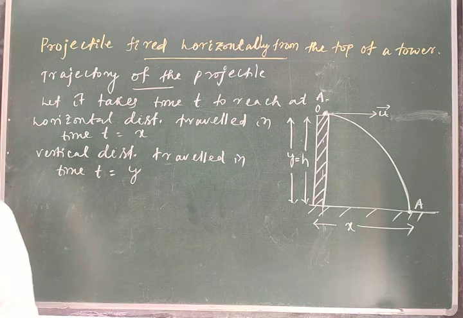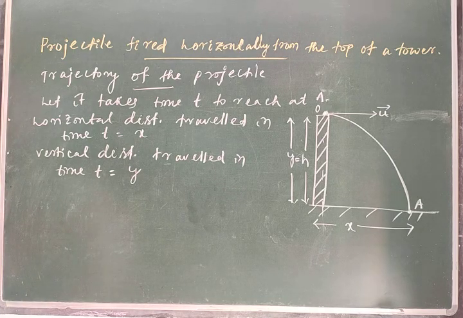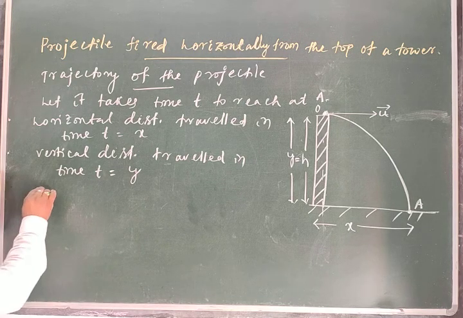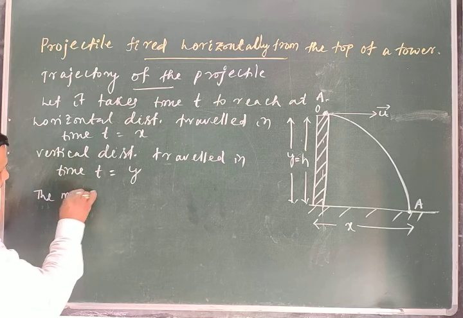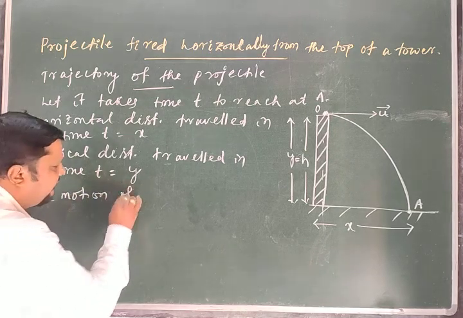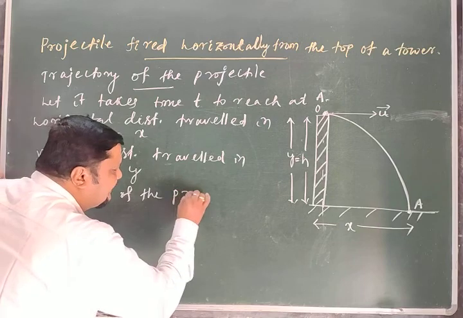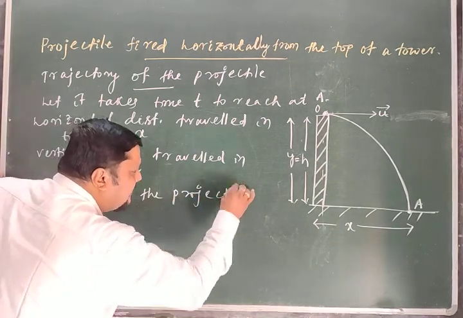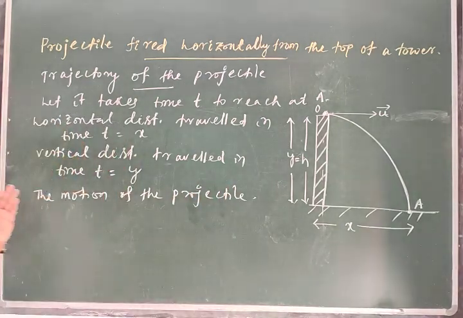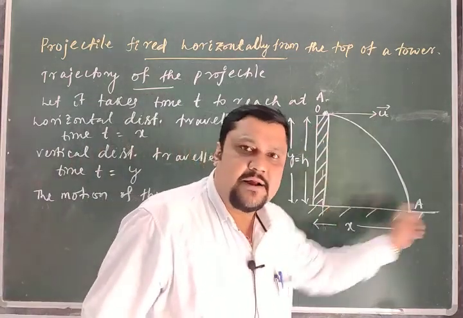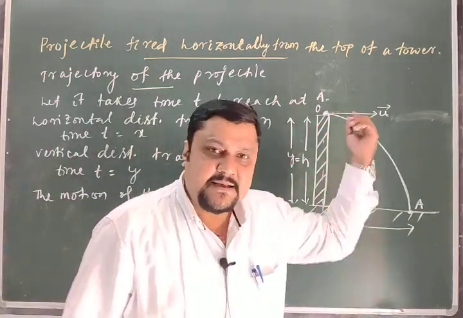Now the motion of the projectile in the plane, I can write as two equations, because of u giving horizontal and g giving vertical motion.